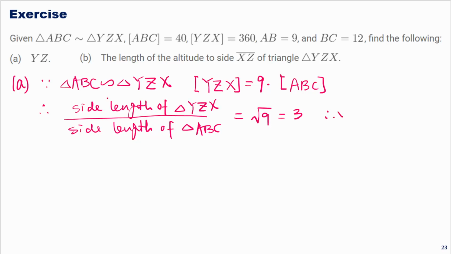And therefore we know YZ should equal 3AB, which equals 27. Can you follow me?